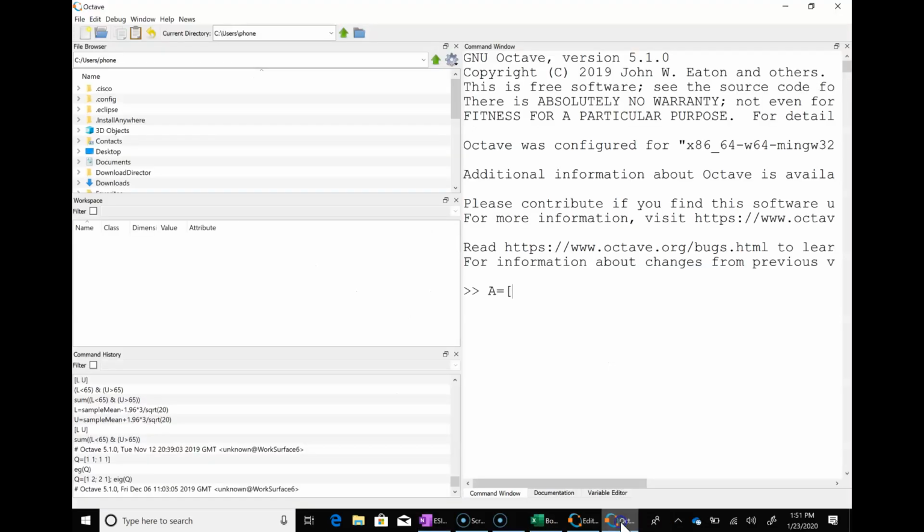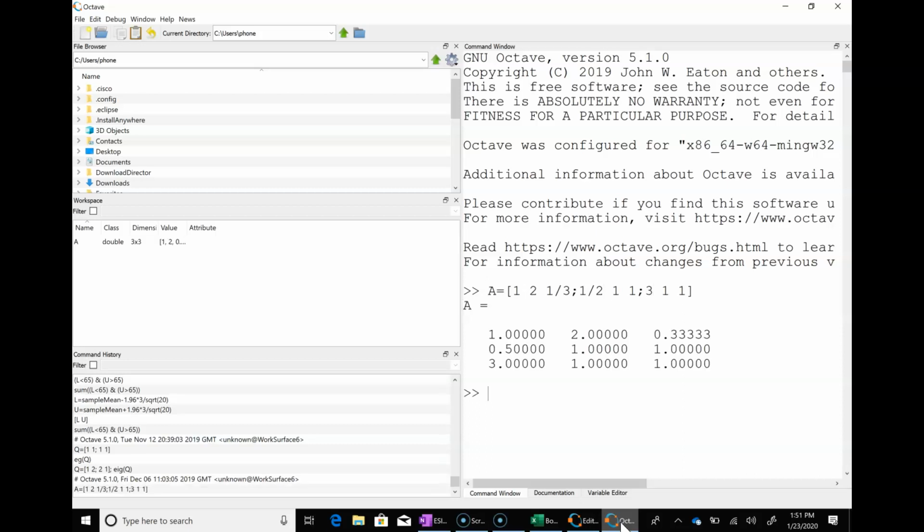Okay, so let's actually show how we would do this. Whether it's in your calculator or in Octave, it's basically the same. So in Octave, you can do it at home if you wanted to. We would just type in our matrix. Okay, so there's our comparison matrix that we had before.